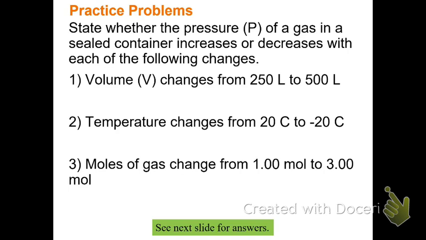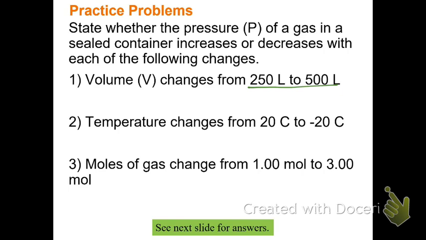State whether the pressure of a gas in a sealed container increases or decreases with each of the following changes. So here we have volume changing from 250 liters to 500 liters. How would that affect pressure of the gas within the container? What you can do here is to look at how the volume changed.